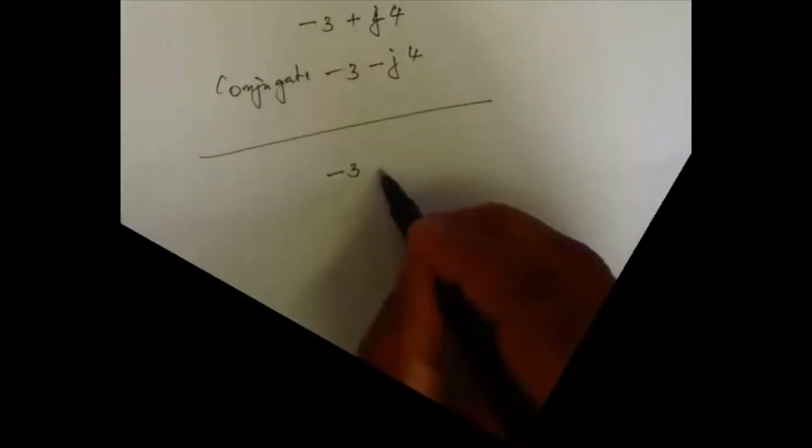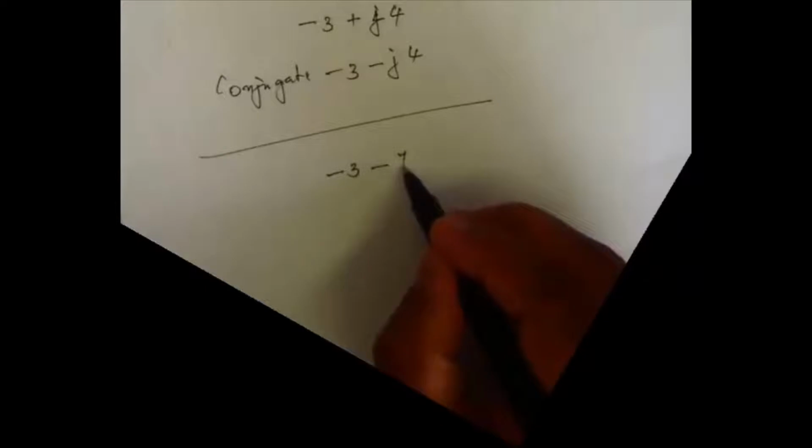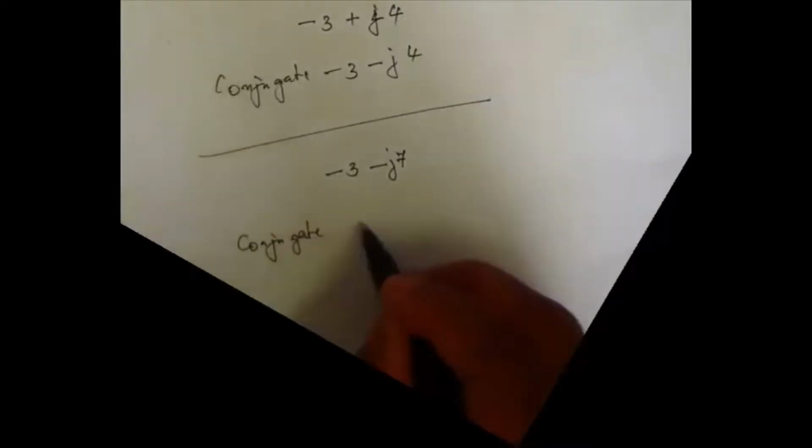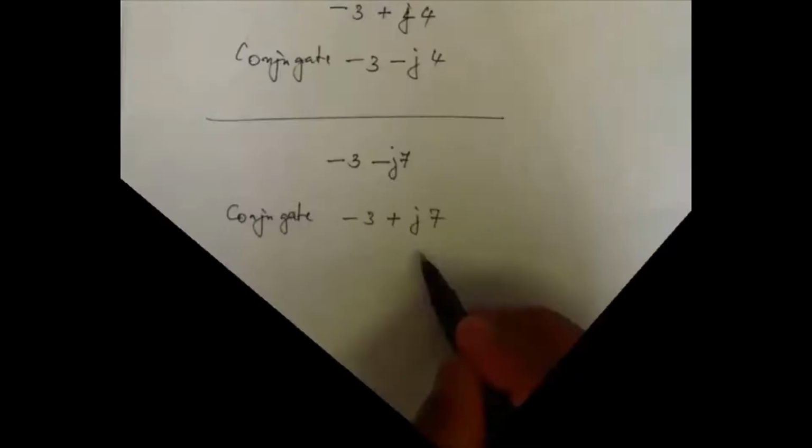And if we take a further example, say we take a complex number of say 3 minus j7. That's the number. The conjugate of that is 3 plus j7.